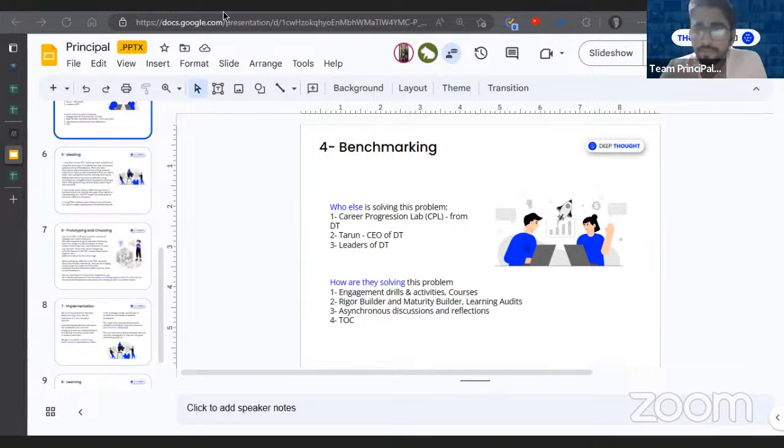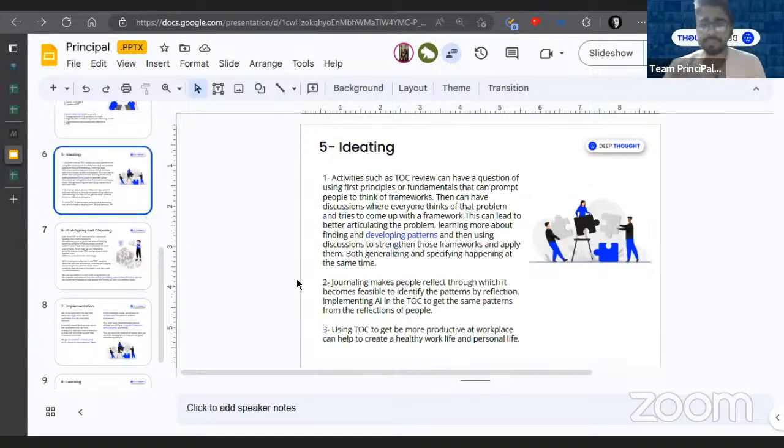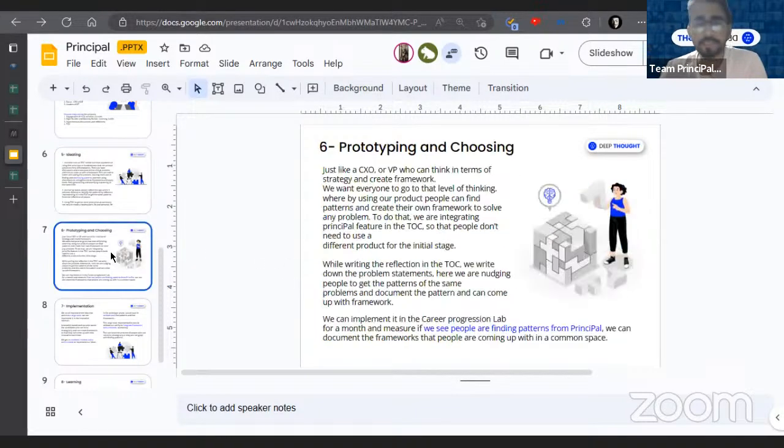So let's go to the ideation phase. In the ideation phase, we got three problems, and we chose one problem, which is named Principal. As the name suggests, the problem is how a person can go from associate level to CXO level thinking.